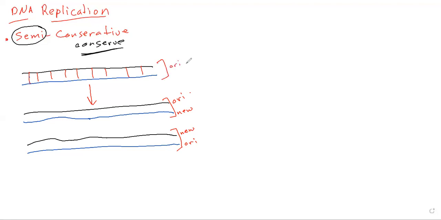So one of the two strands is new: 1 over 2 times 100 is 50%.